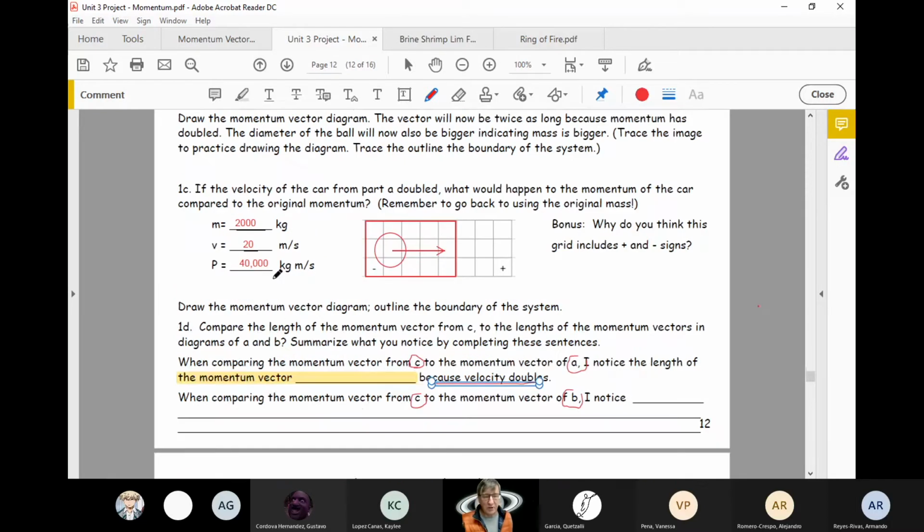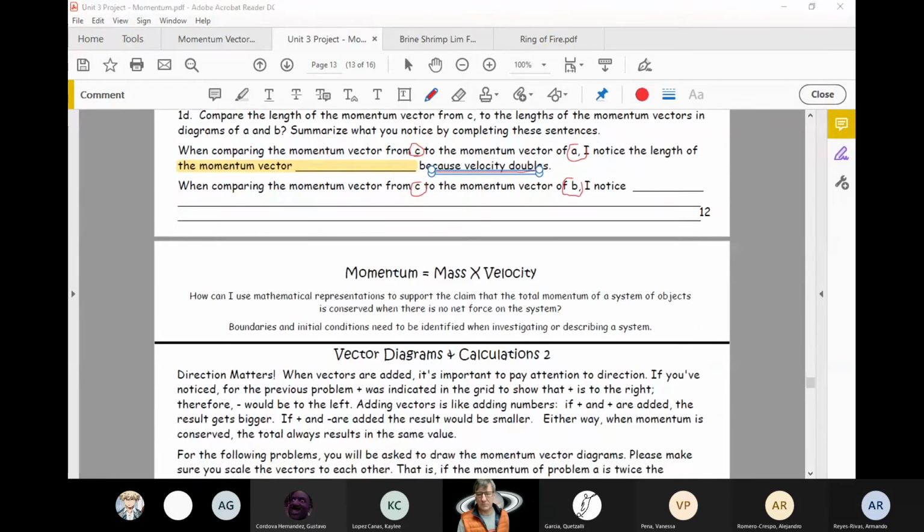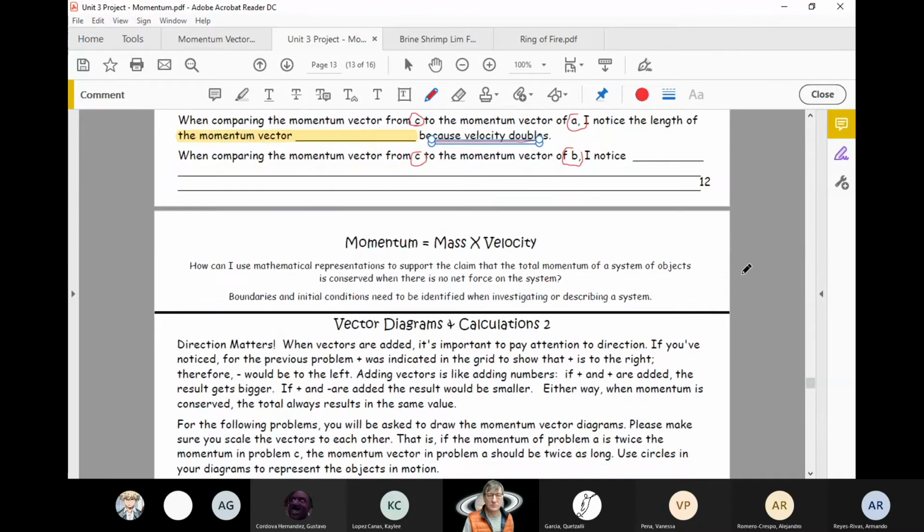So you should include both of those in this sentence down here. So take a minute to finish that up.